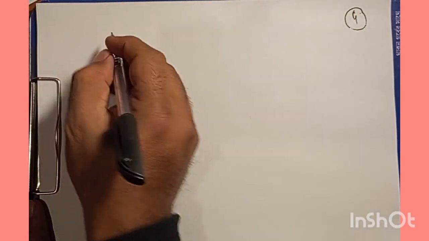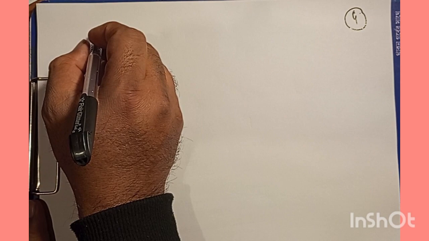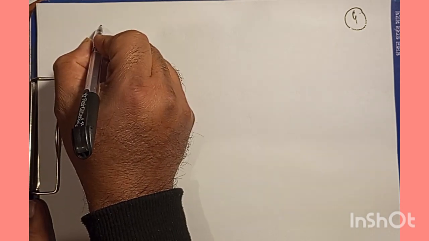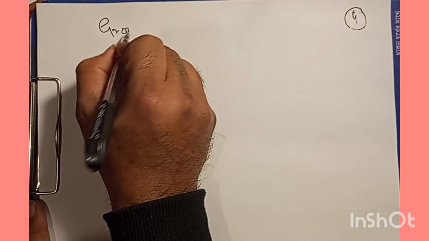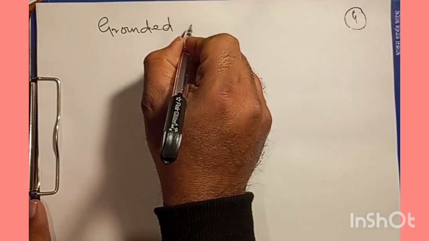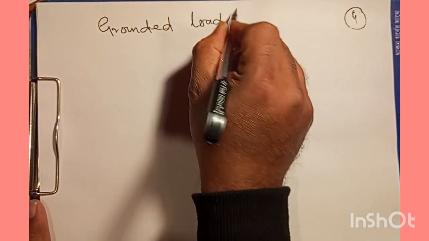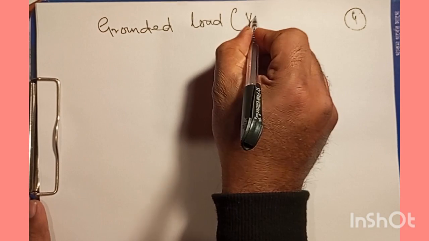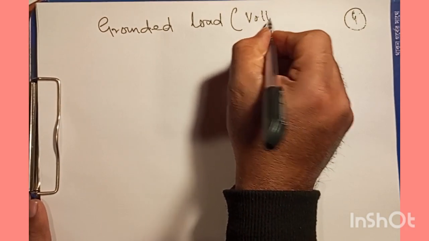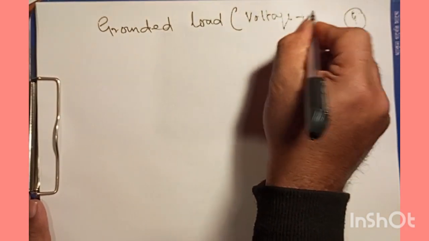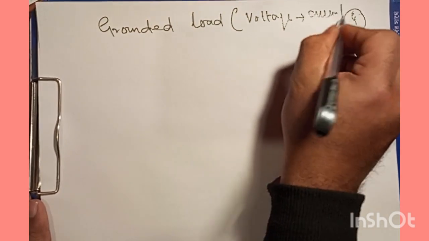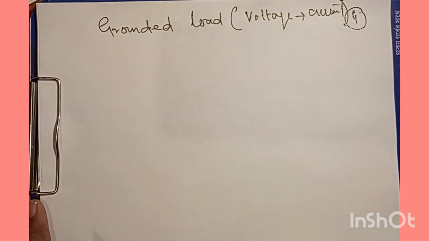So now we will be discussing the same conversion with the grounded load. So we will be discussing voltage to current conversion with grounded load, right?